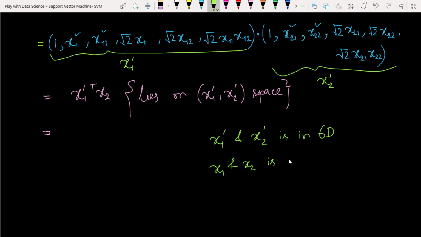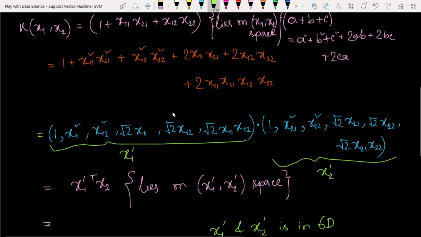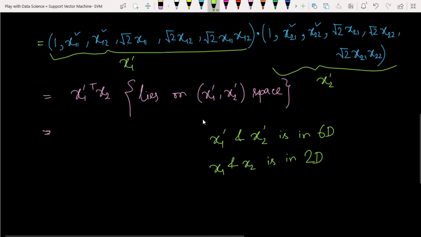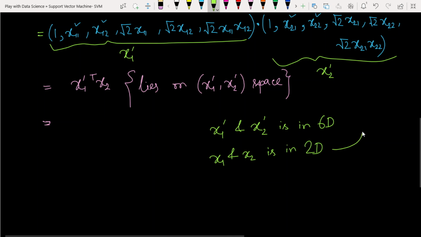So by using the kernel trick, simple simplifications, we convert our data points from 2D to 6D. Okay, now we will see that in 6D space this data is easily separable.